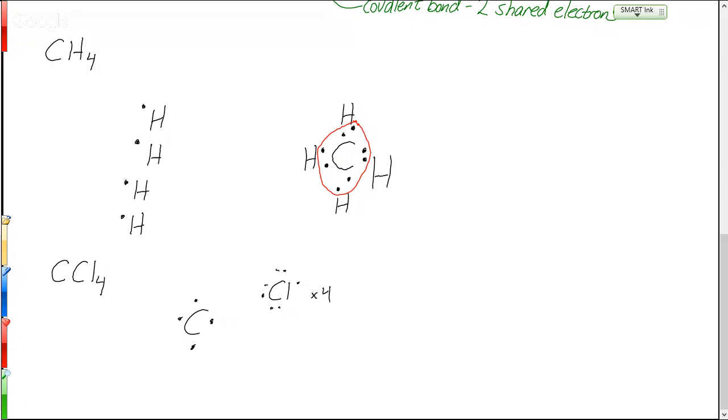We could do it the same way, where we surround the carbon by the chlorines and pair up that unpaired extra electron. And that would look like this. So we take that carbon with its 4 electrons, and we can put a chlorine here with its 7, and a chlorine up here with its 7, and a chlorine over here with its 7, and a chlorine down here with its 7.